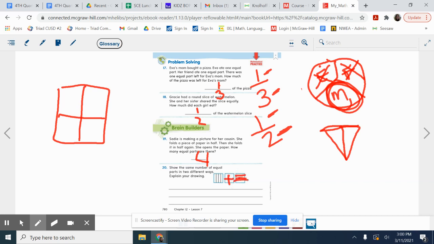And you can explain that by saying I used a plus sign. I used 3, sorry about my handwriting, horizontal lines.